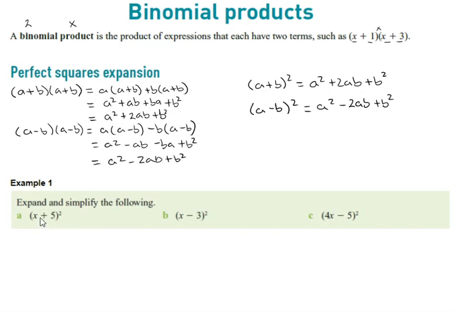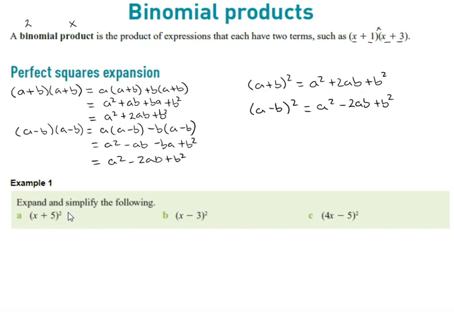But what I want to do is focus on this as a formula. I have an A and a B here in my question, A plus B all squared, and here is my answer. So if I relate this x plus 5 all squared to my A plus B all squared, I should be able to write down the answer without having to go through the entire expansion.